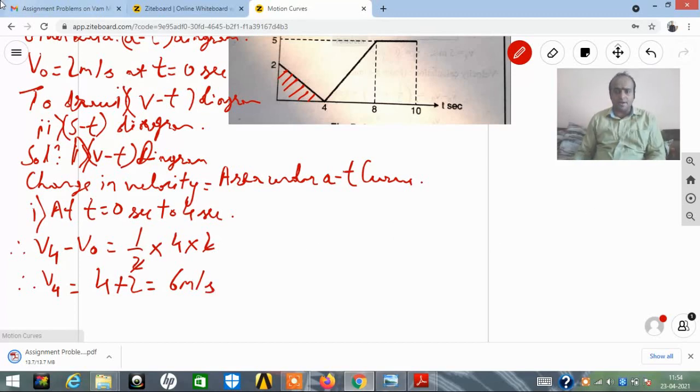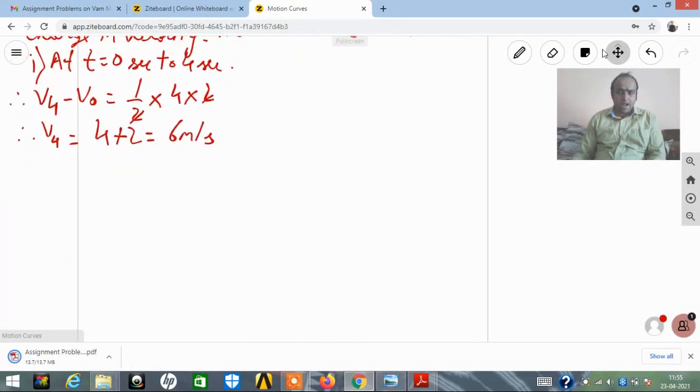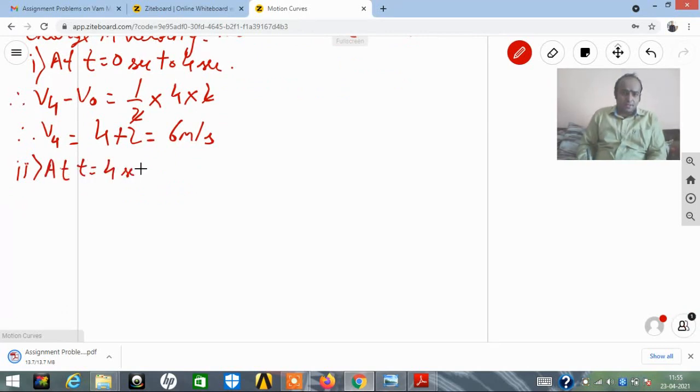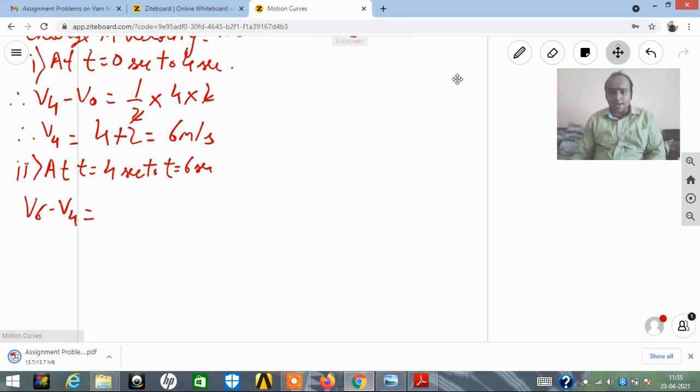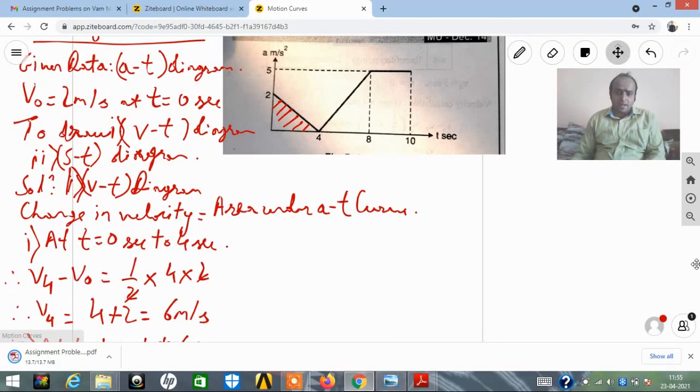Now going ahead. Same now, at t is equal to 4 seconds to t is equal to 6 seconds. So here the change in velocity is nothing but V6 minus V4 is equal to, again if you look at the diagram, it is half into base into height, the area of a right angled triangle.